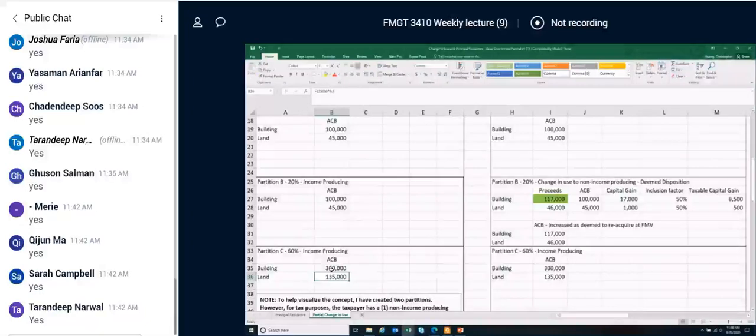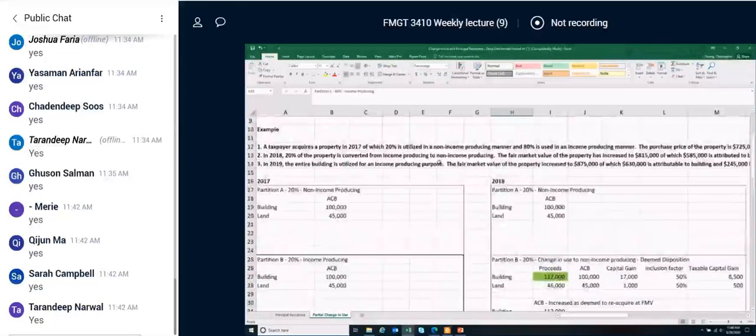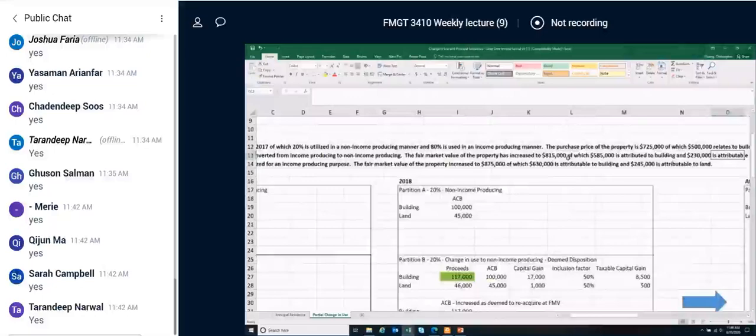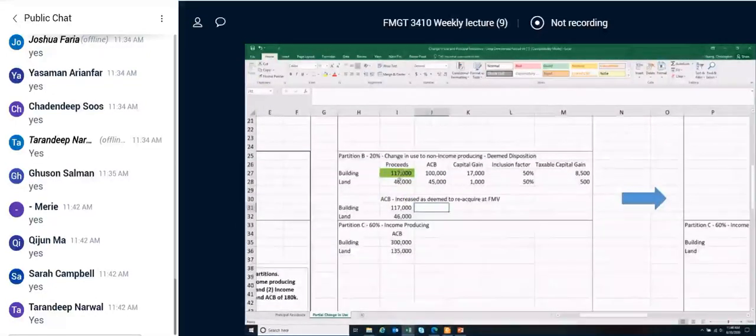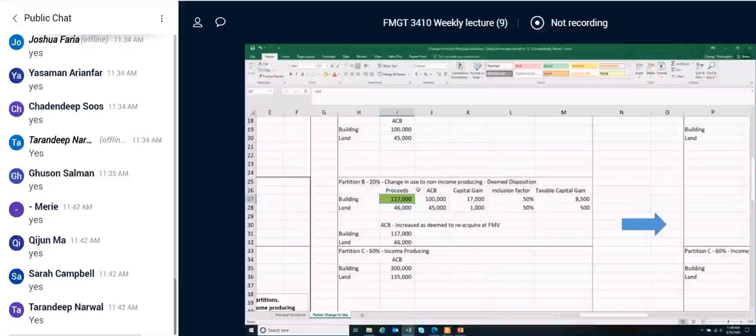Now, when you go through the change in use, we tell you fair market value has increased to 815, 585 to building, 230 to land. And the key thing is, when you go through these partial change in uses, proceeds, remember, change in use, deemed to dispose at fair value. Well, remember, only 20% has changed.